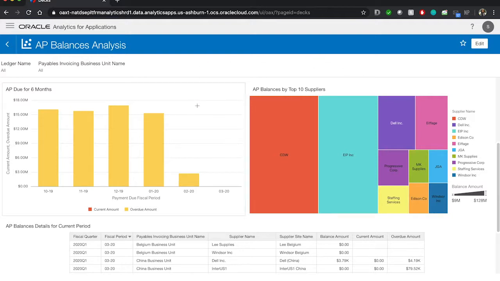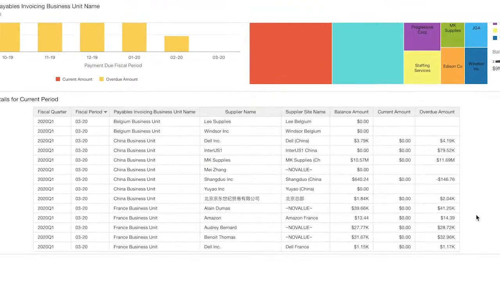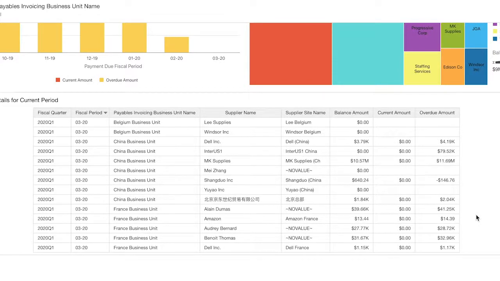And there's another graph called AP due for 6 months that let us know which of the balances from the 10 suppliers we've yet to pay back in the past 6 months. By looking at the report on the very bottom, we can look further into which of these suppliers and the invoices attached to these suppliers that we need to pay back within 6 months.